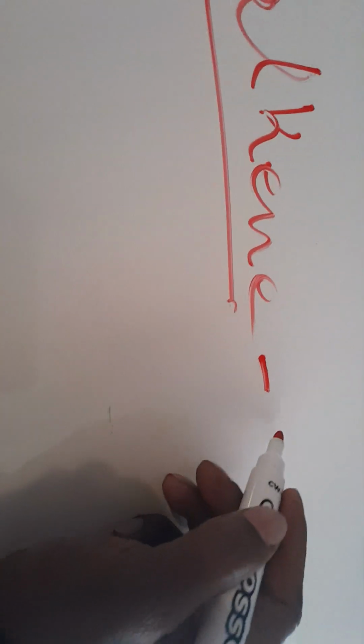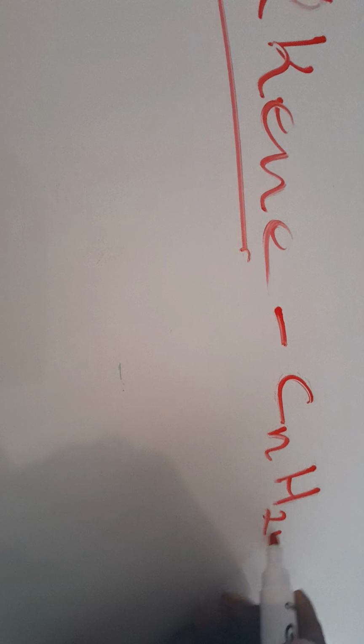And we know that the general formula of an alkene is CnH2n.